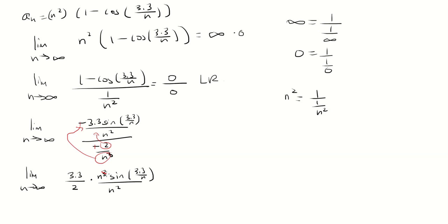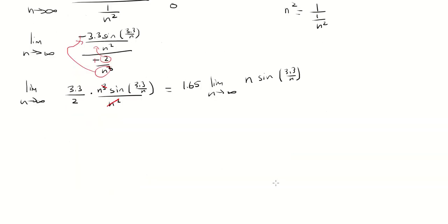Now, the cubed cancels with the square. The 3.3 over 2 comes outside. That's 1.65 times the limit as n approaches infinity of n times sine of 3.3 over n.